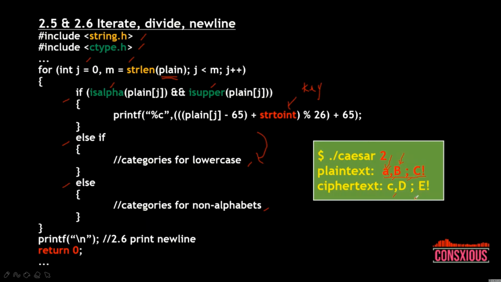There's no change here. We have to print a new line after we convert into the ciphertext. Important, we have to put return 0 here as a success. If failure, we have to put 1.